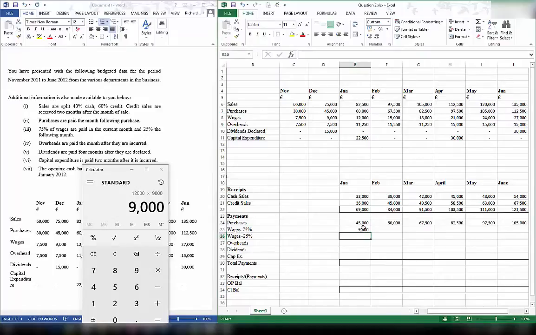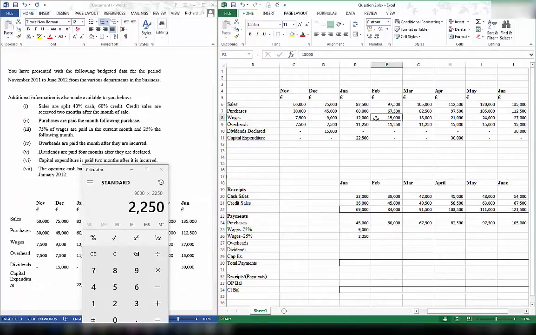So we need to take 25% from December's total wages. December's total wages were 9,000. So our 9,000 multiplied by 25% means that wages from December were 2,250, and they're the wages from the previous month. 2,250.